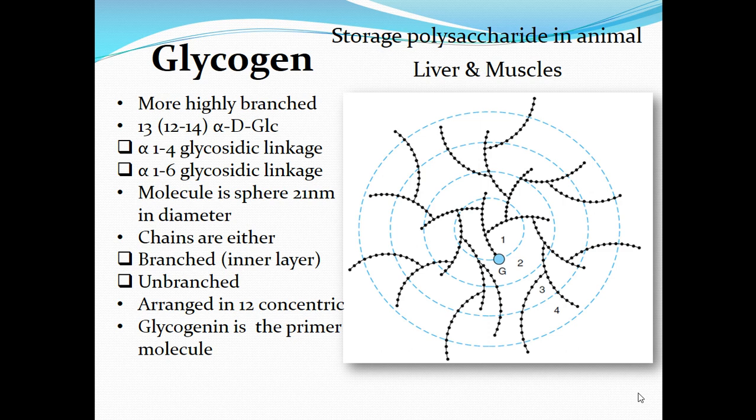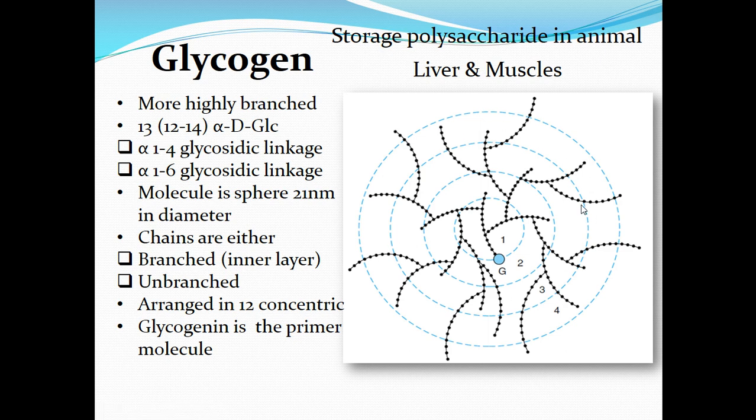The glycogen molecule is a sphere approximately 21 nanometers in diameter. Its chains are either branched or unbranched, and they are arranged in 12 concentric layers, but here you can see 4 concentric layers.